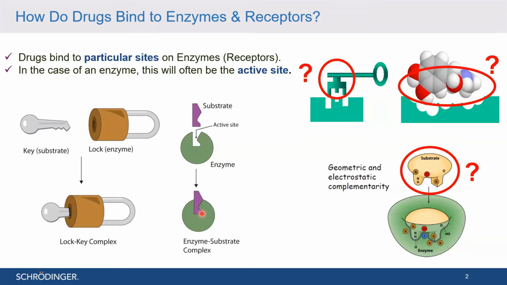This all resembles the lock and key model. In a very simplistic way, you have a lock, you have a key, and your key fits into the lock. When you move your key, it induces some changes inside the lock. We call it conformational changes, and somehow it changes the internal structure of the lock, and your lock gets opened or closed.